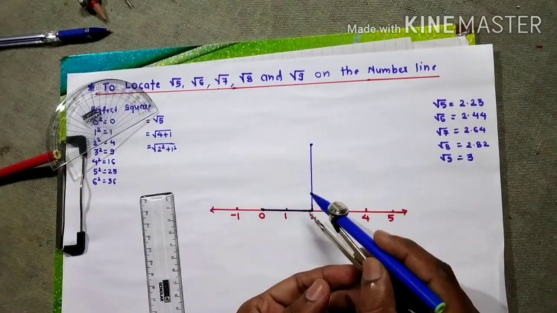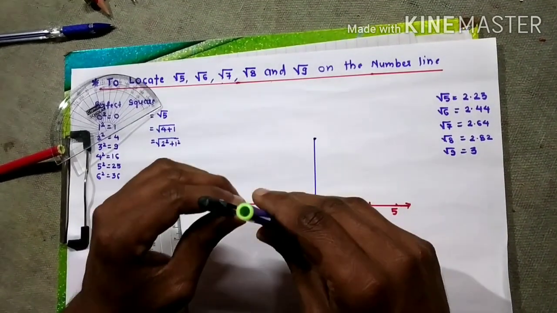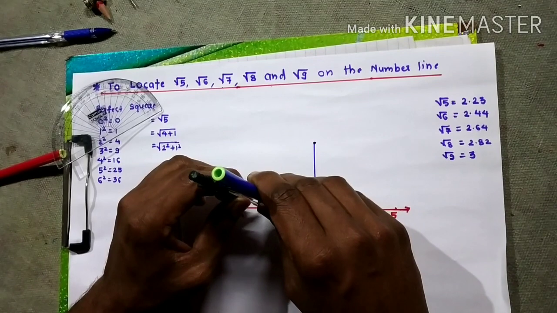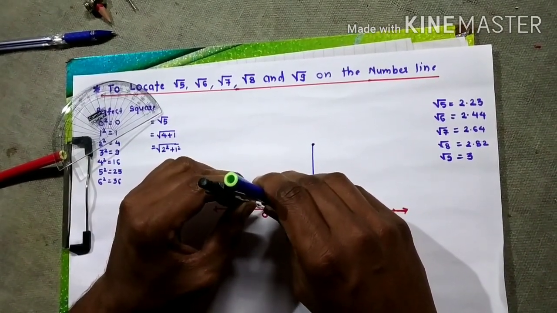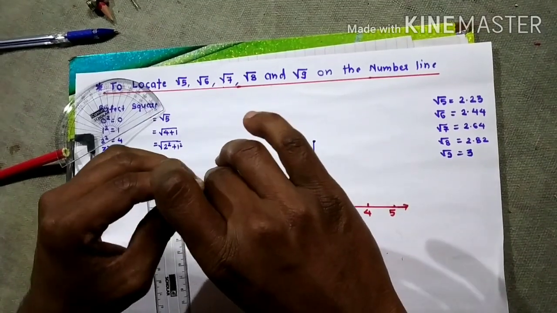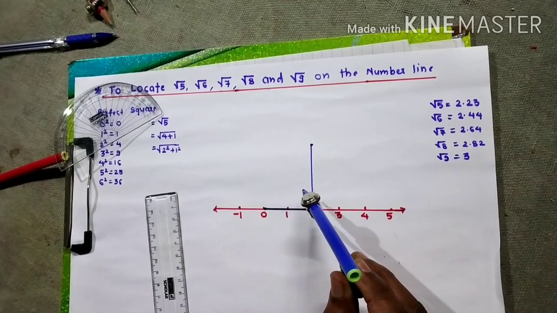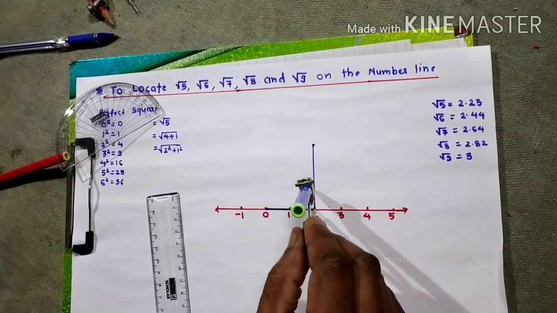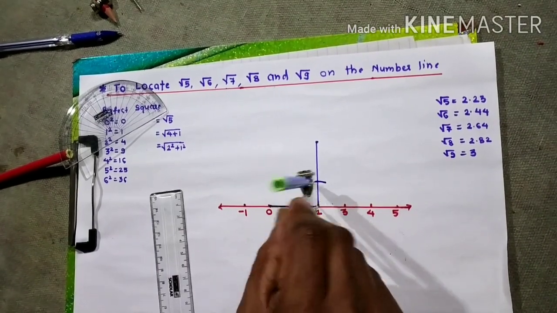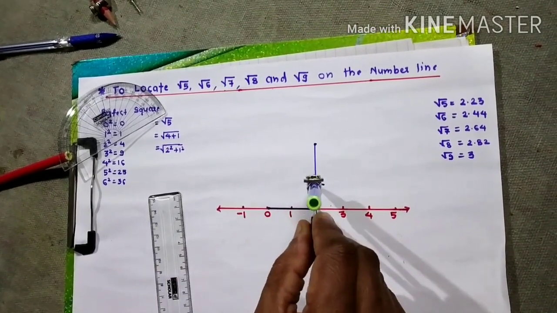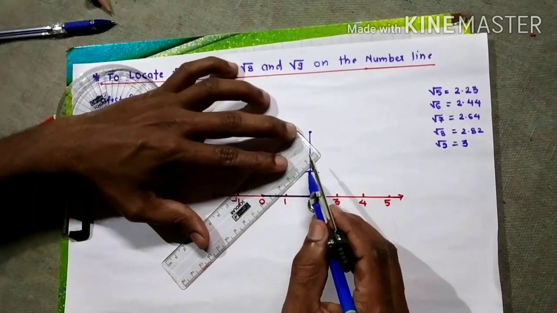So this is a perpendicular and this is 1 unit distance. Keep the compass here and mark like this. You have to cut this distance of 1 unit. Then next we have to join these 2 points.